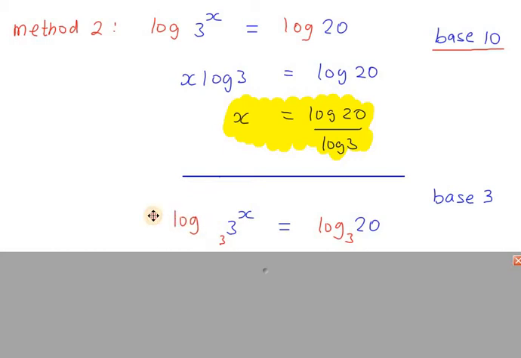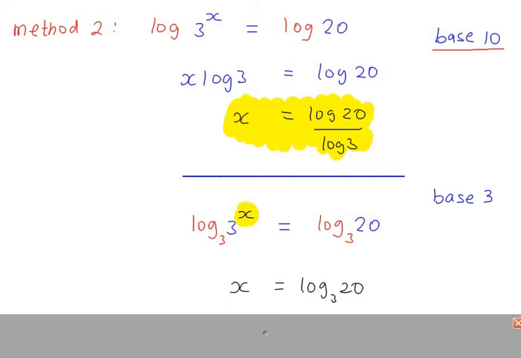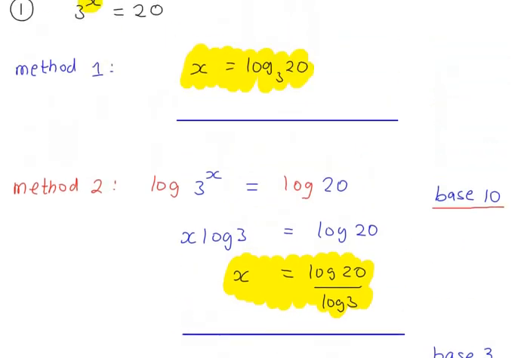All I've done here is take logs on each side to the base 3, and then the power can move to the front. Then we know log 3 base 3 is 1. 1 times x is x. So x is equal to log 20 to the base 3. The same solution as up here.